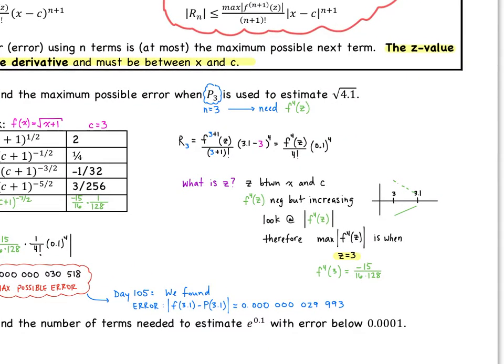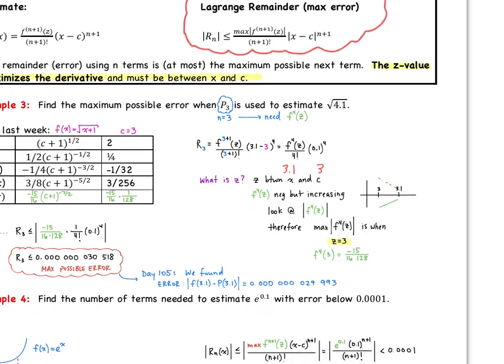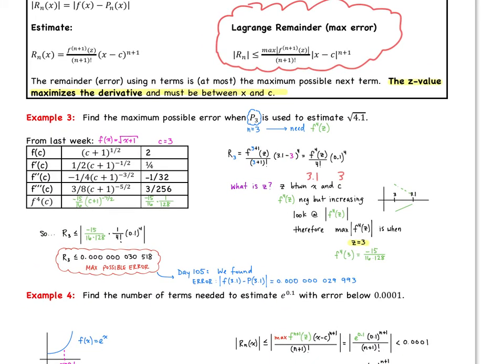So z is a value that is between x and c. So remember, c was 3 and x was 3.1. As we're looking, we know we already found the derivative. The fourth derivative is this guy over here.